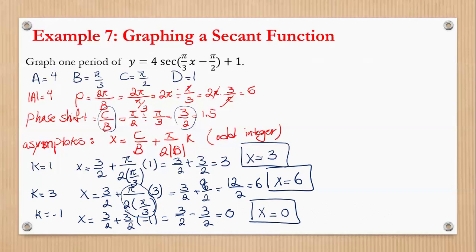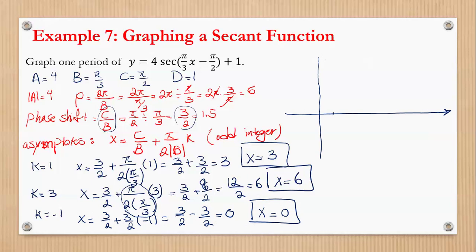Now let's see what we get. So we want to graph the function starting from the phase shift, which is 3/2. Let me just graph the asymptotes first.